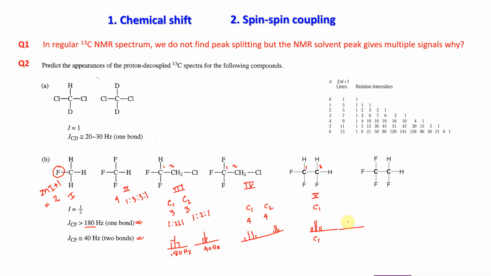So let me draw first the doublets, and then each individual peak will be split into triplets. So you have 2 tiny things there. Understood? So this will be the nature of C2. If you look at the number of peaks, both cases are the same, 6 and 6, but the nature of peaks will be different.